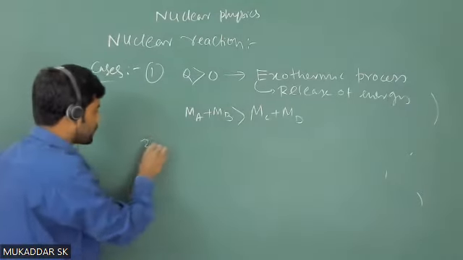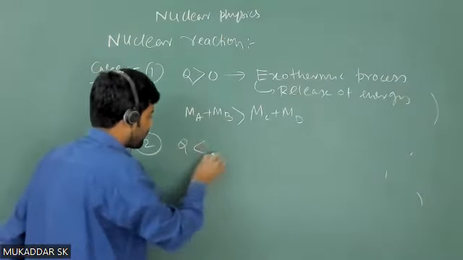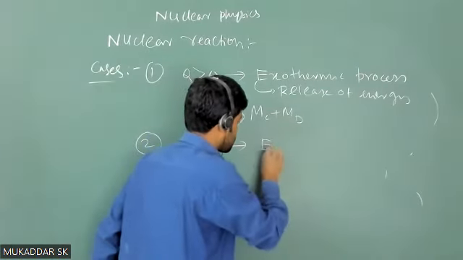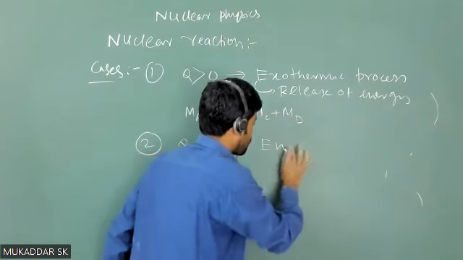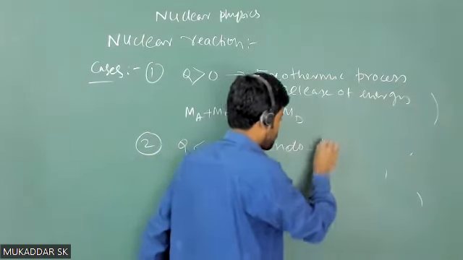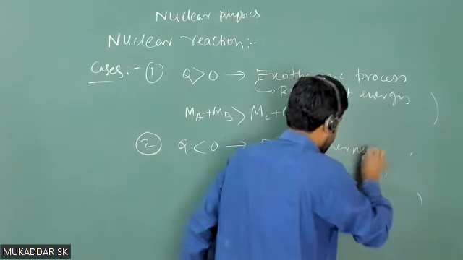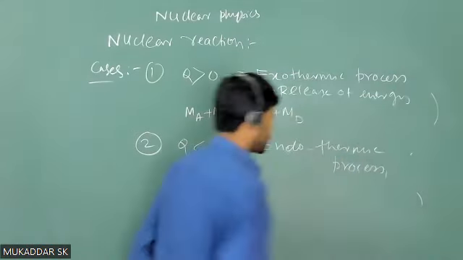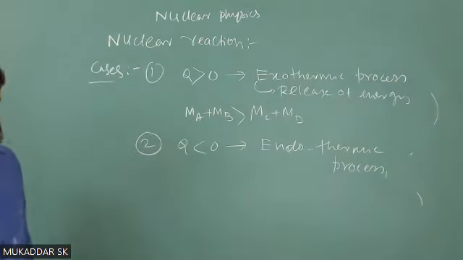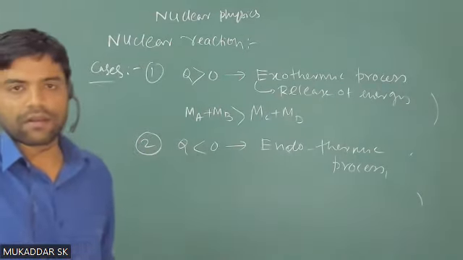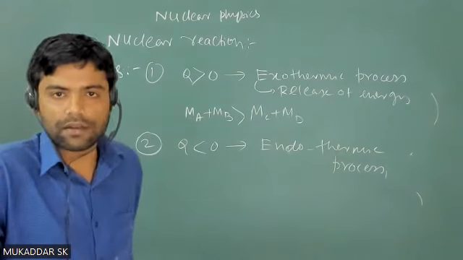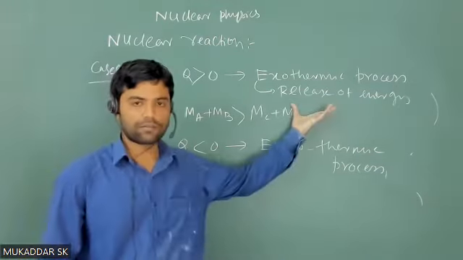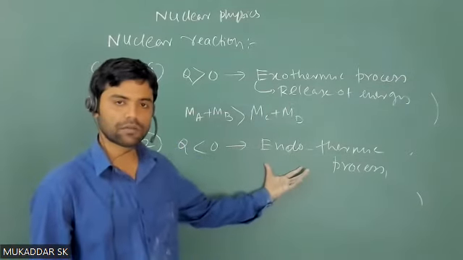And the second process, where you have Q less than 0, is called an endothermic process. An endothermic process is not a spontaneous process, right? These do not happen naturally, we make them happen. The exothermic process is a natural or spontaneous process. This is not a spontaneous process.